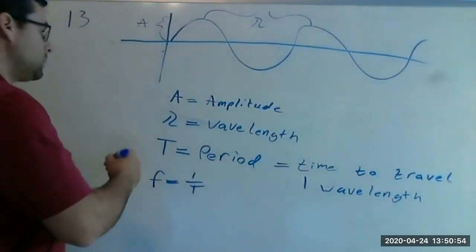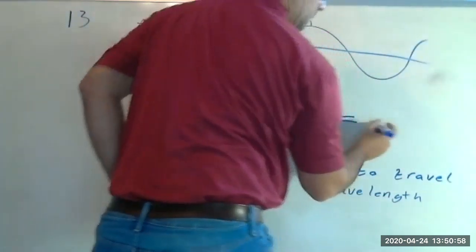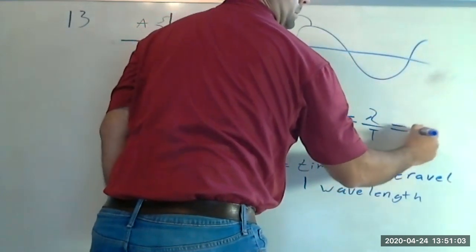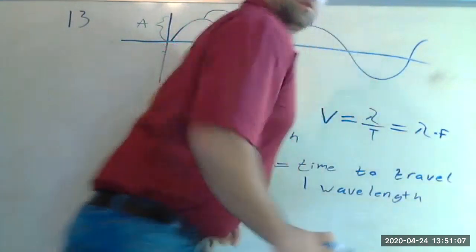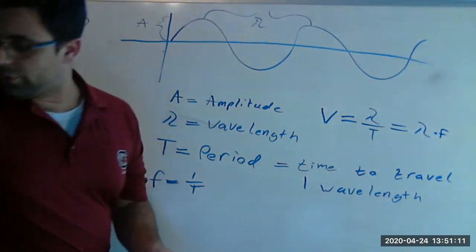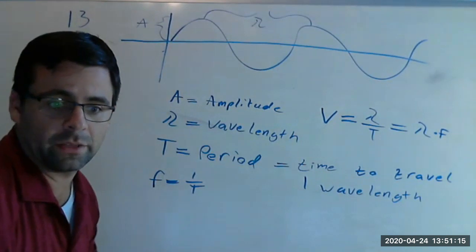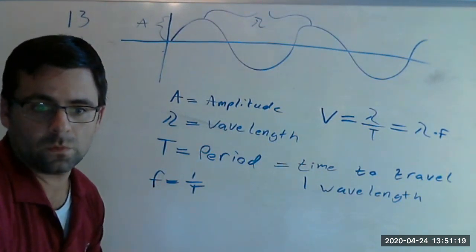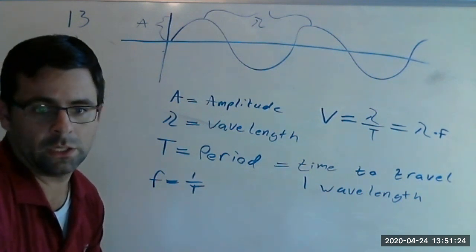So put all these things together. We got the velocity of a wave is the wavelength times the frequency. Okay.